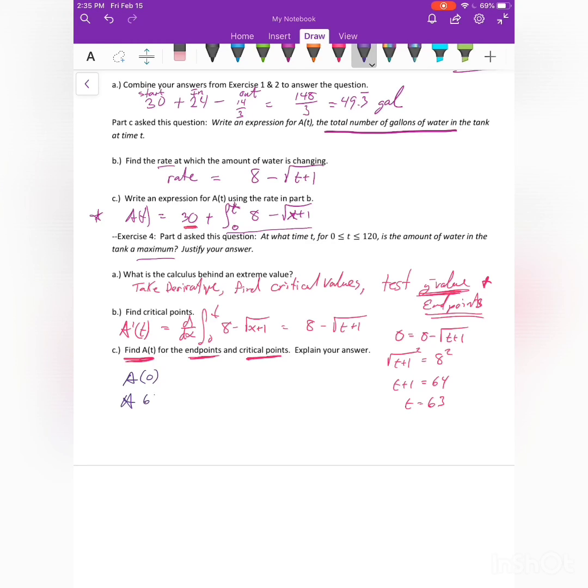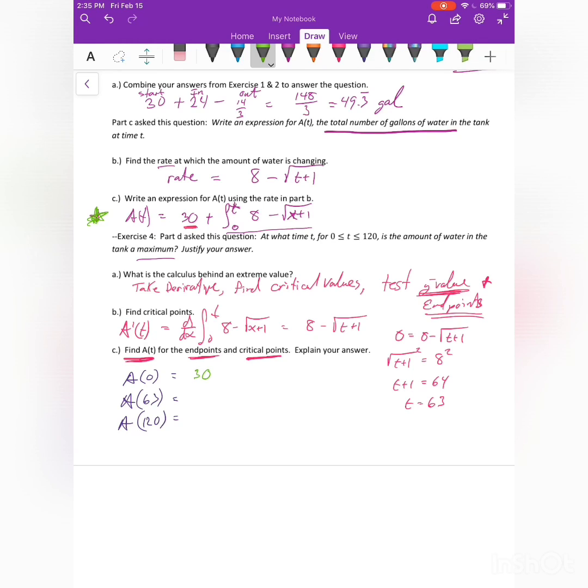We found a critical value in the middle at 63, and then our endpoint is 120 seconds. We need to find what the A value is at each one of those. And don't forget, our A equation is up here. So at time 0, they actually gave you that in the initial part of the problem. The amount of water in the tank is 30.